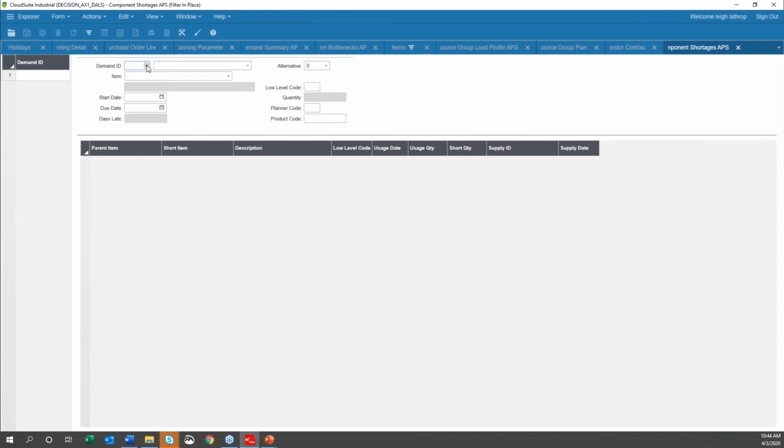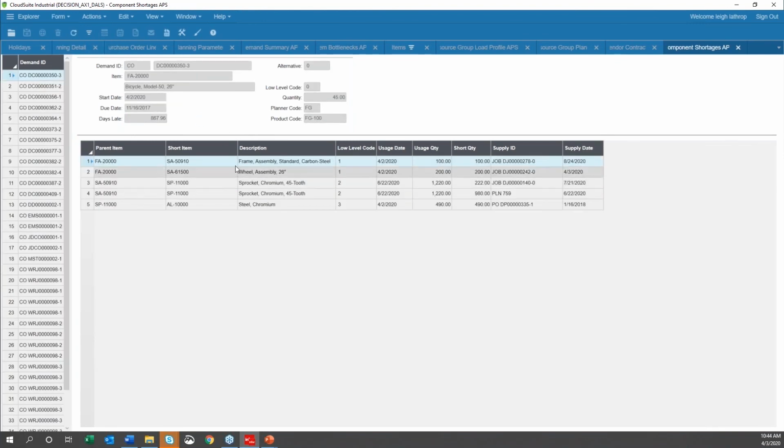Because the components form can show me a demand ID, the component shortages form, and it can show me that for this customer order, I'm missing these items. So in an APS environment, we've got some really nice tools to understand the connectivity between items and their availability.